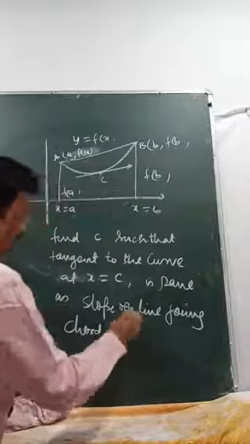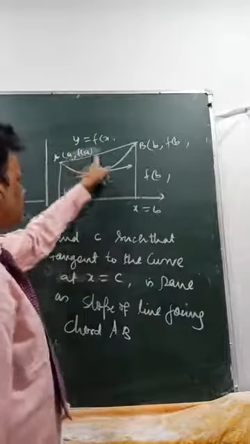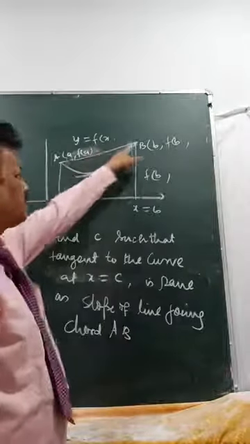This is what you want to find out. Find a point c where the slope of the tangent to the curve at c should be equal to the slope of the chord.